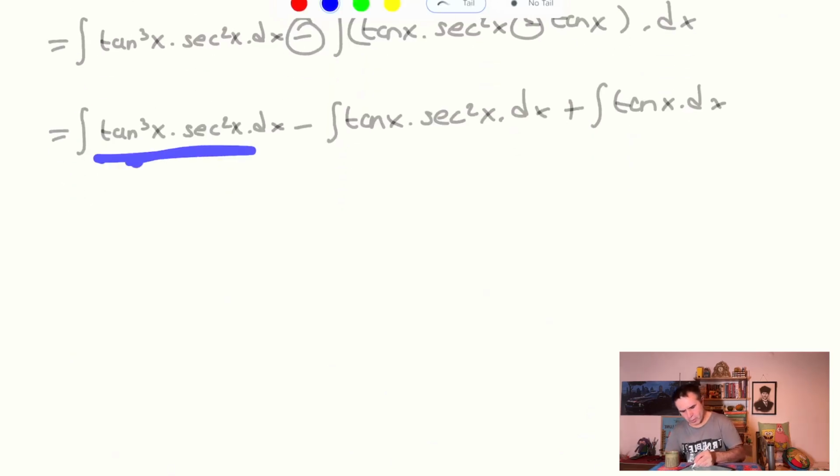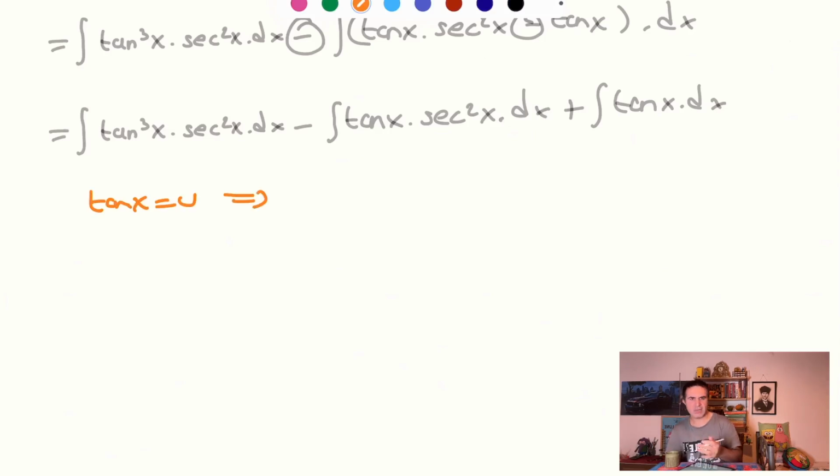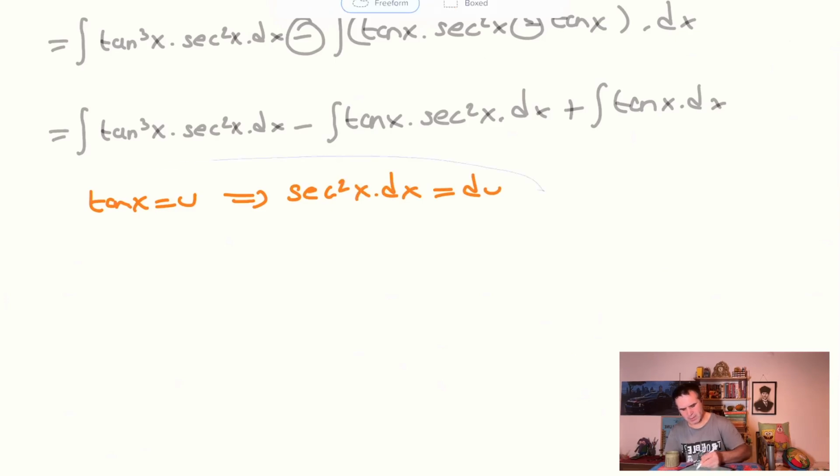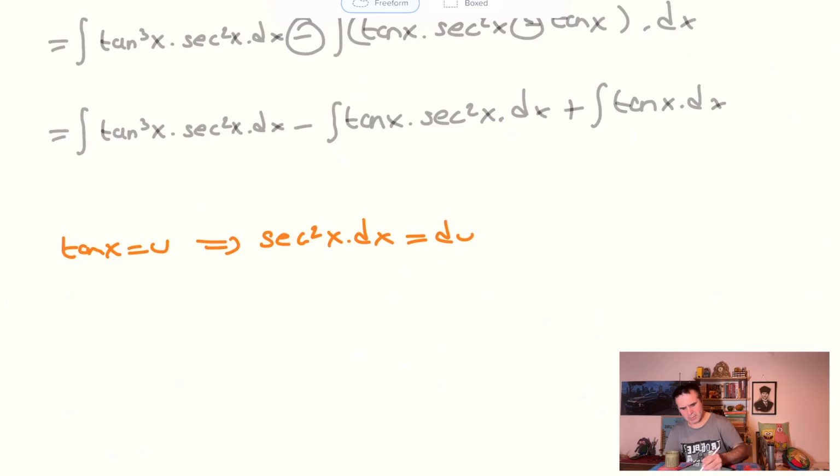For both of these integrals, we will use substitution, and we say that tangent x is u. If tangent x is u, then take the derivative of both sides. Secant square of x dx will become du, and I will use this substitution for both these integrals.